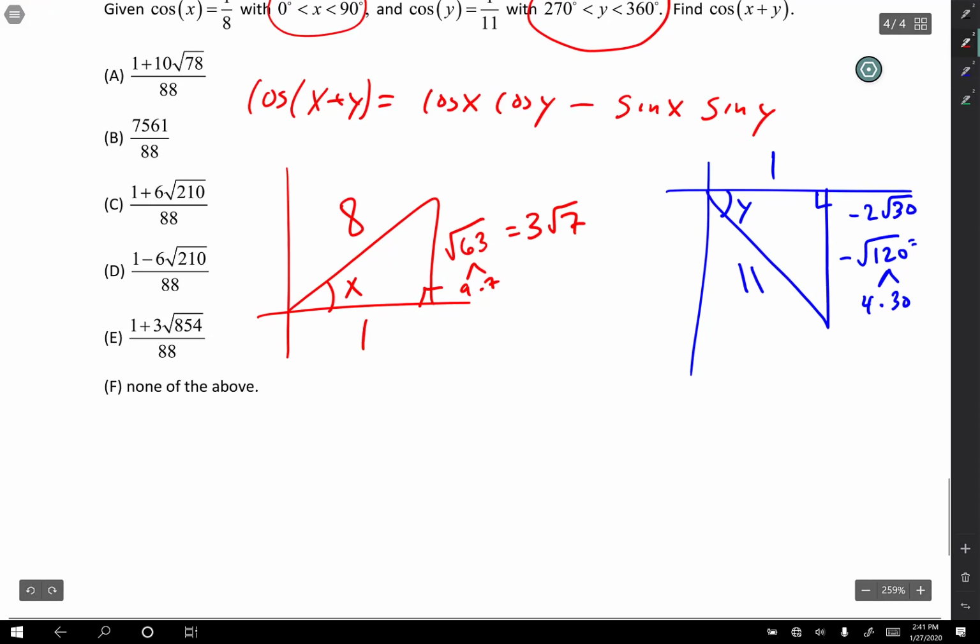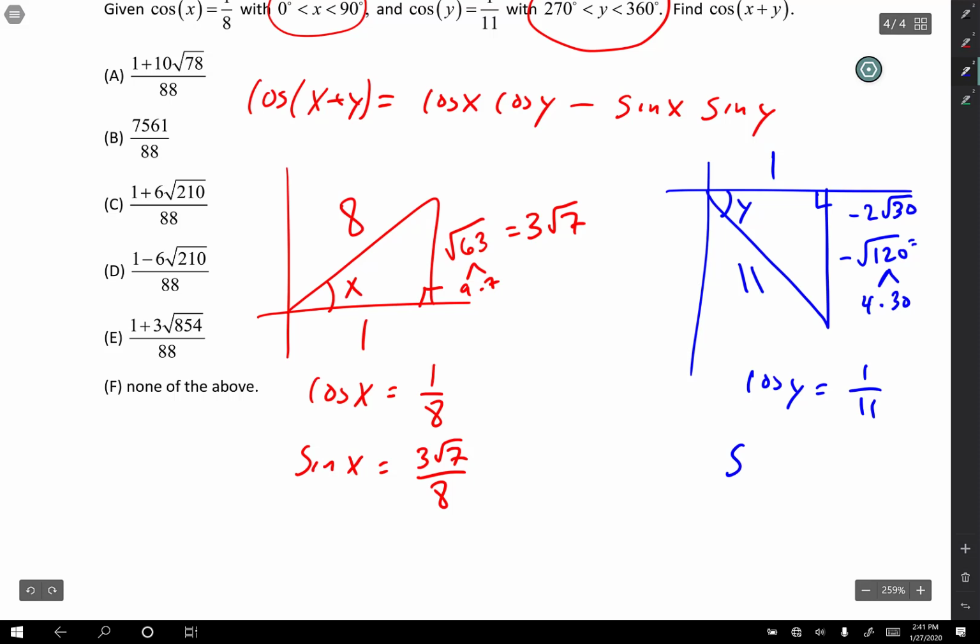Before I start, I'm going to get my little answers here on the side. Cosine x is 1/8. That was given. Sine x is 3 square root of 7 over 8. On the one on the right, I say cosine y is 1/11. That was given. Sine y is negative 2 square root of 30 over 11.